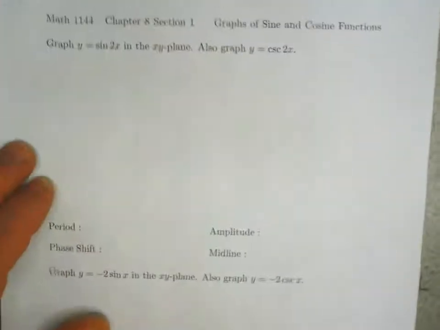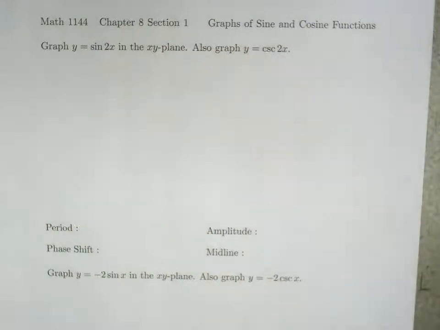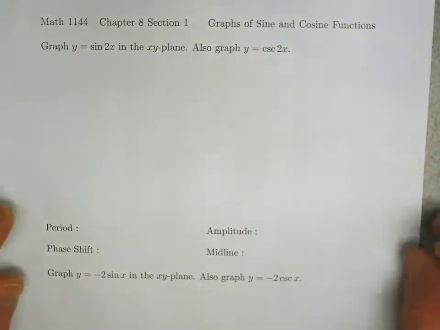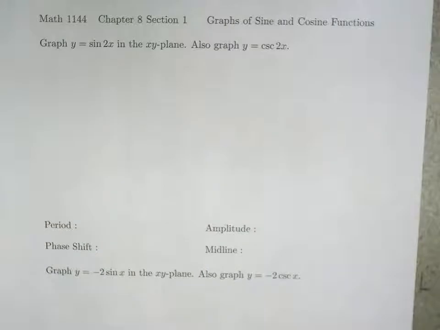Now we'll try to do some more complicated ones. We'll gradually get more and more complicated as we go. So this time we want to graph y equals sine of 2x in the xy plane.